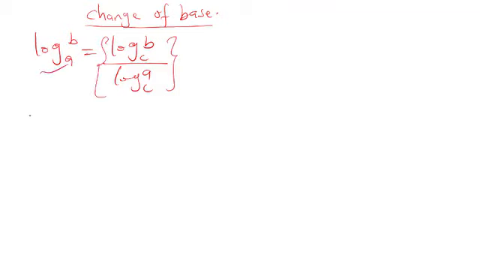In order to clarify it, let us prove that log_b a times log_a b is equal to 1, and if it's equal to 1, then we've proved that this rule is correct.